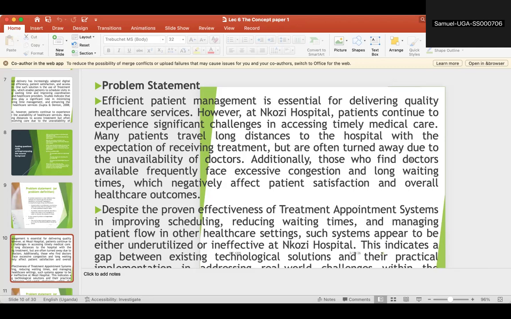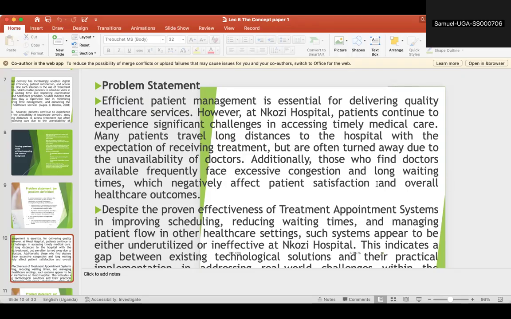Additionally, those who find doctors available frequently face excessive congestion and long waiting times, which negatively affect patient satisfaction and overall healthcare outcomes. Very good. We are stating the problem. We are in the problem statement, so we are just stating the problems that are actually happening.